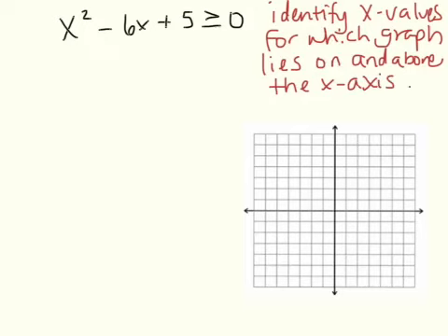So the same thing we talked about before, except in this case it's on or above because it's greater than or equal to. So where is it on the x-axis, and also where is it above the x-axis? So again, the first thing you want to do is graph.